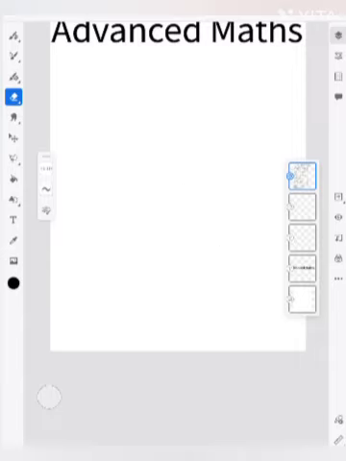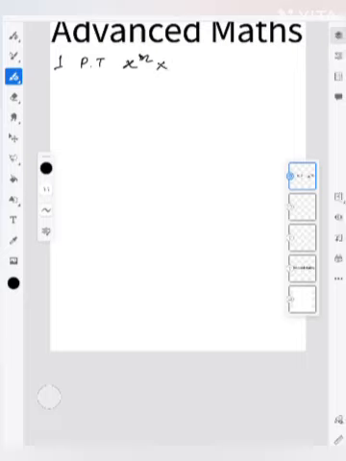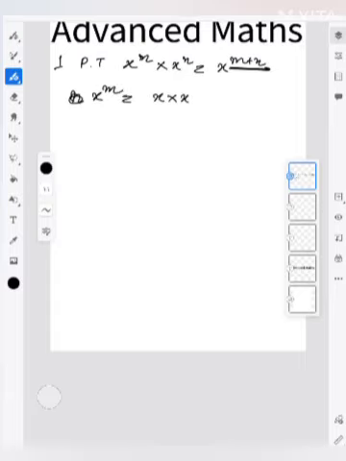Now, while doing this, we also need to have proofs. We will now start with the first question. Prove that x to the power m into x to the power n is equal to x to the power m plus n. Why? Because I can say that x to the power m is equal to x times x times x up to m times, right? Then we have x to the power n is equal to x times x times x up to n times.